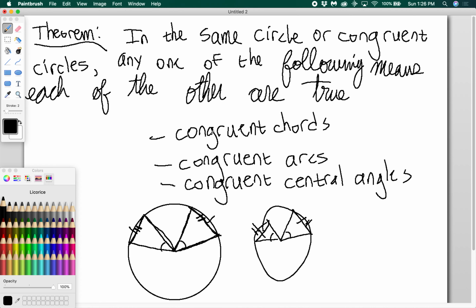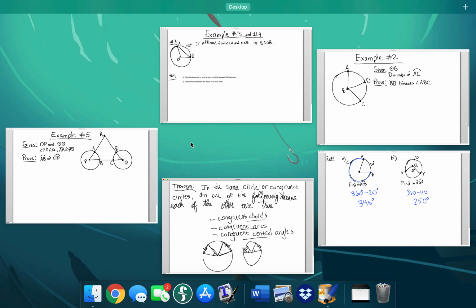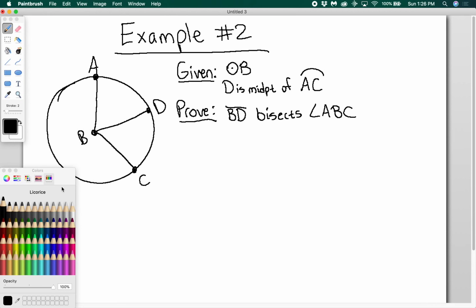Any one of these things means that the other two are automatically true. So that's going to be an important theorem and it allows us to do a lot. We're going to move to some examples that let us use this theorem, and you'll get to see how it is used.